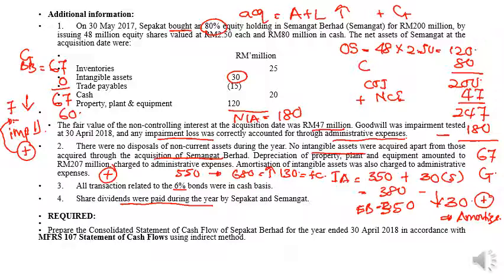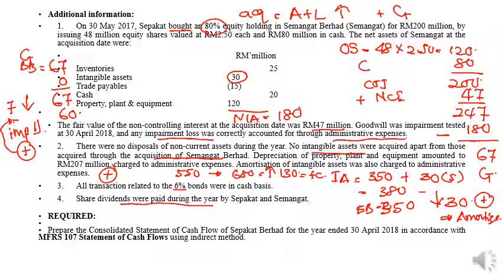It says the NCI was measured based on fair value, which is 47. So the total consideration together with the NCI is going to be 247, and then we need to minus 180, the net identifiable assets.